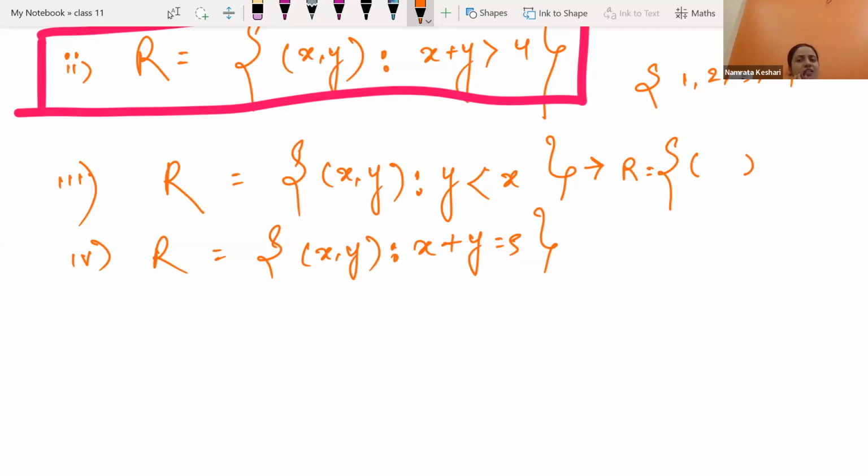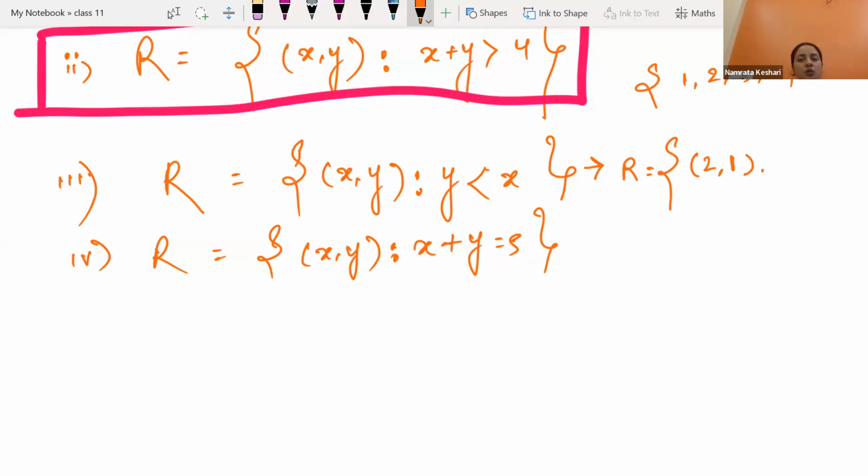If we take x as 1, y is smaller than x. We don't have any number that is smaller than 1. Yes or no? Yes, ma'am. So we cannot take x as 1. X as 2, yeah. Y has to be smaller than x. That means y can be taken as 1. Okay. X as 2 and then any other y?